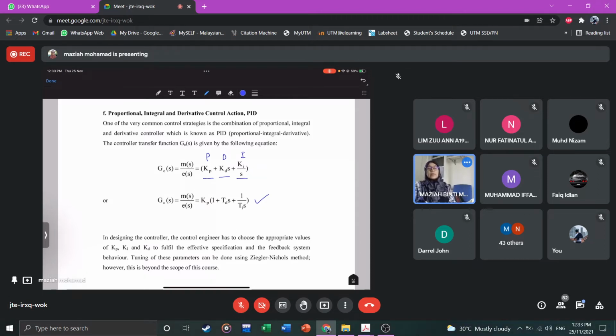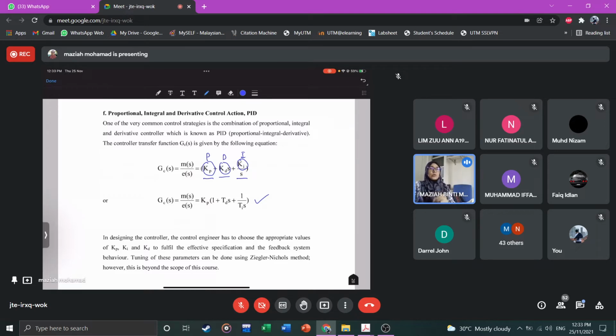By knowing the transfer function of a PID controller, we can see that it only depends on the Kp value, which is proportional gain, the Kd value, derivative gain, and the Ki value, which is the integral gain. So we need to choose suitable values for Kp, Kd, and Ki.